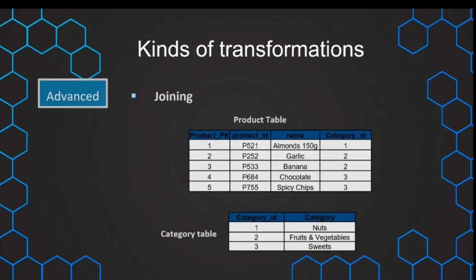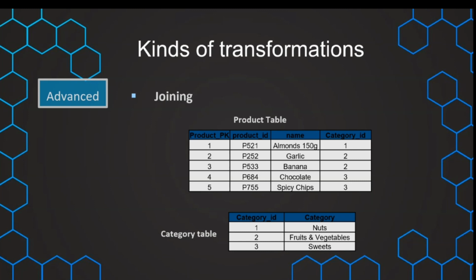And of course, in some cases we also need to just get additional columns into our table. So in this case, we have the product table and the category table as separate tables. But now we want to merge them together and bring them into one compact product table.